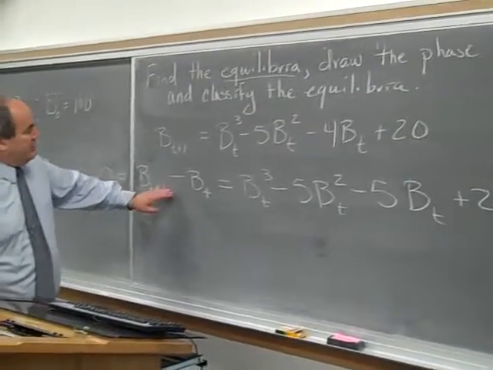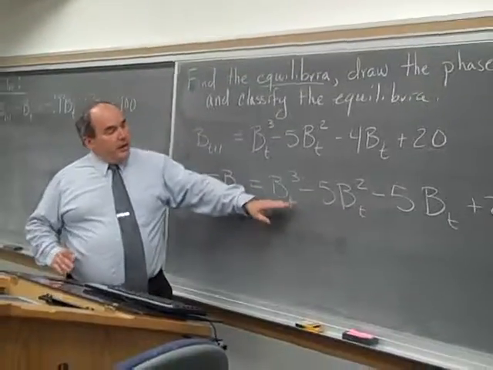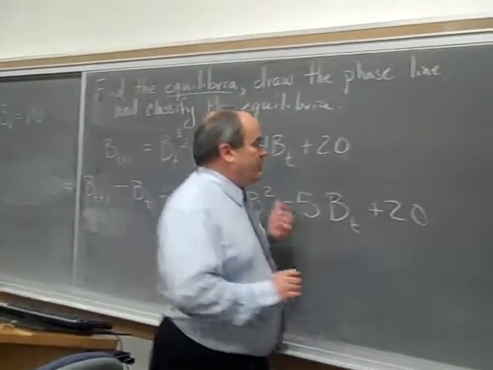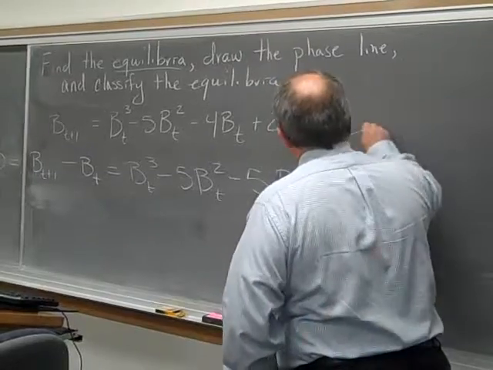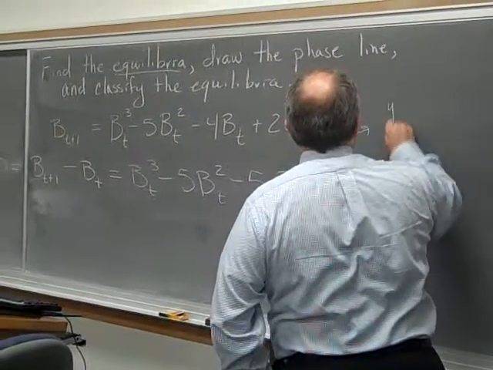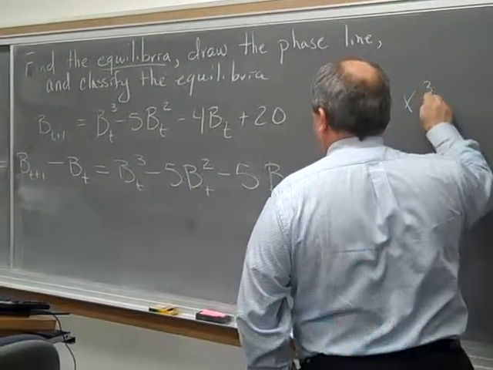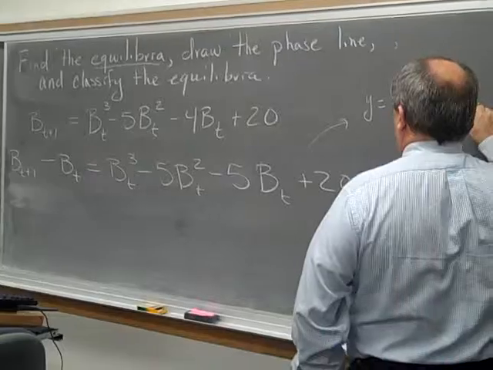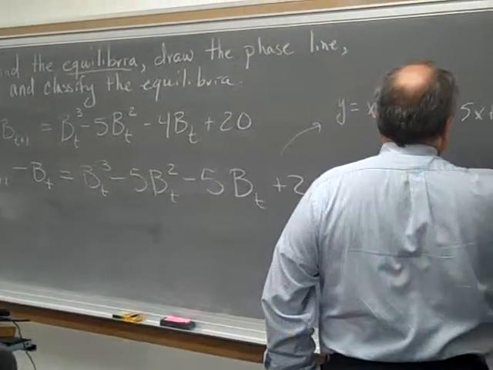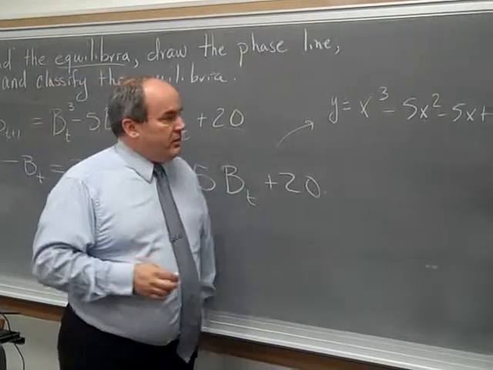That's what we're after. So we're interested in this expression right here. If you think of b sub t plus 1 minus b sub t as being your y, and b sub t as being your x, we're just changing the names, but it can help you think a little better about it.